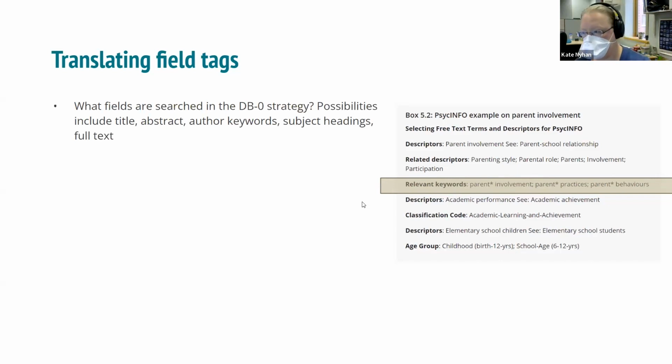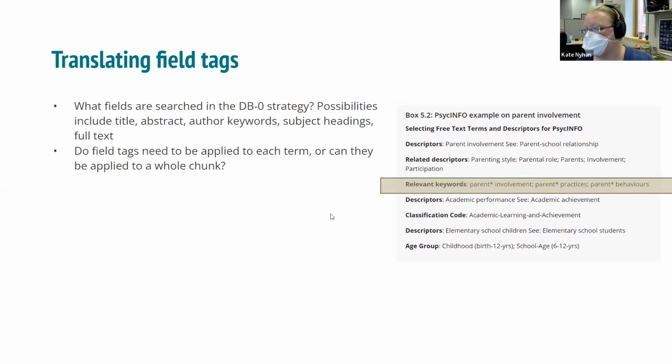The original search might have searched the title or the abstract, both of them, maybe author keywords too, maybe some subject headings, occasionally full text. The field tags may need to be applied to each term, or it may be possible to apply the field tags across a whole chunk of terms at the same time, save some characters, save some proofreading.